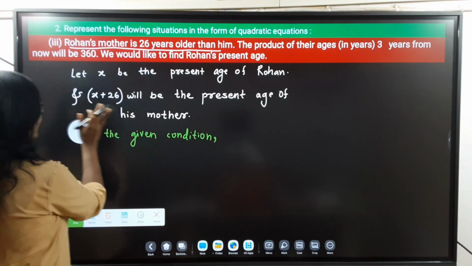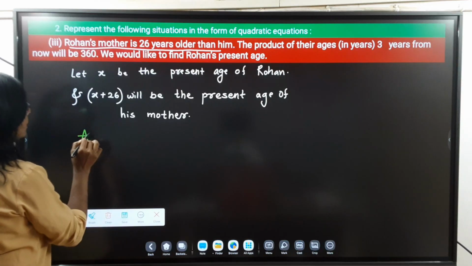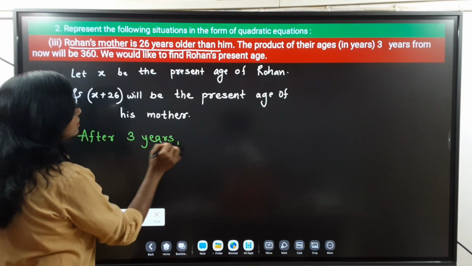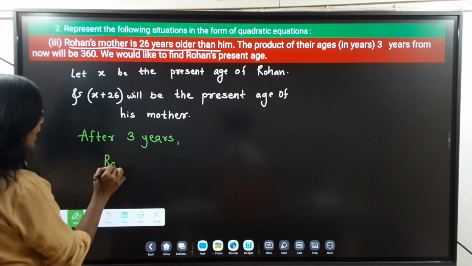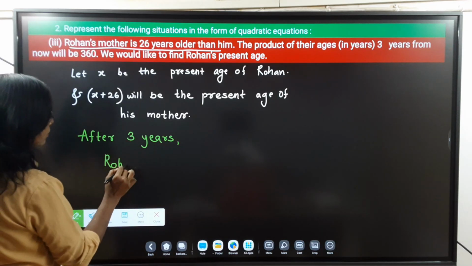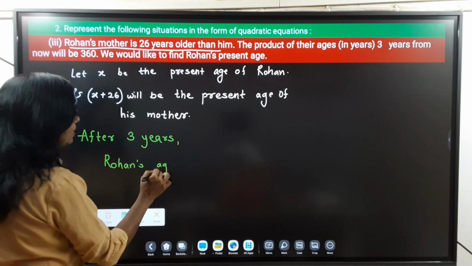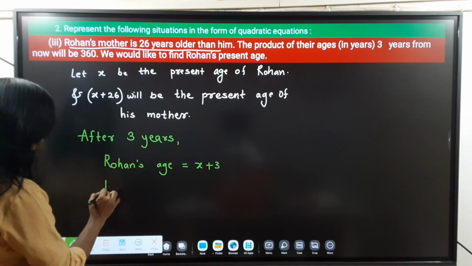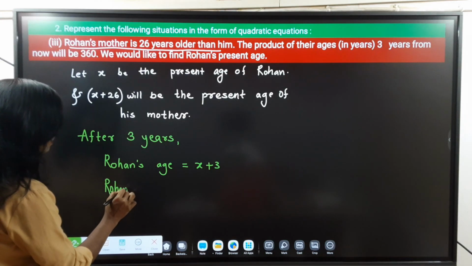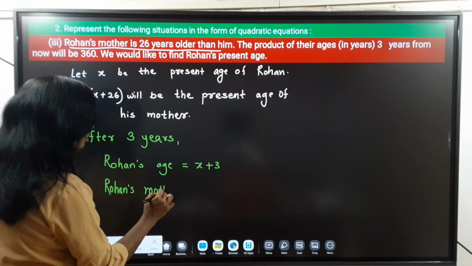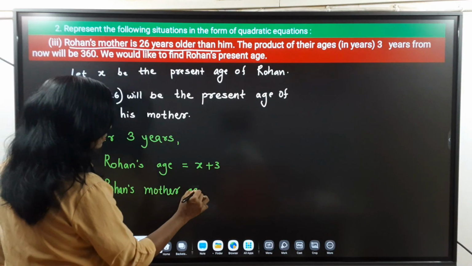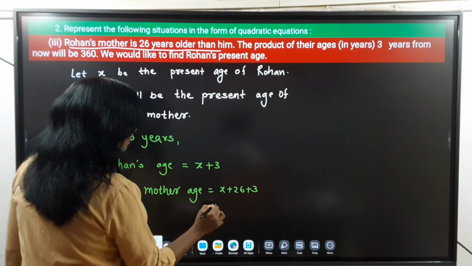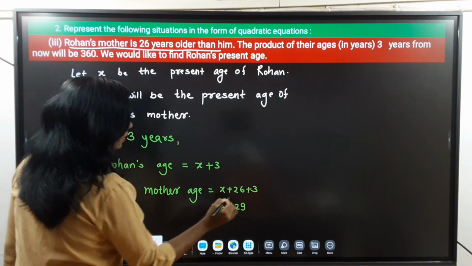After 3 years, Rohan's age becomes x plus 3. Rohan's mother's age is x plus 26 plus 3, that means x plus 29.